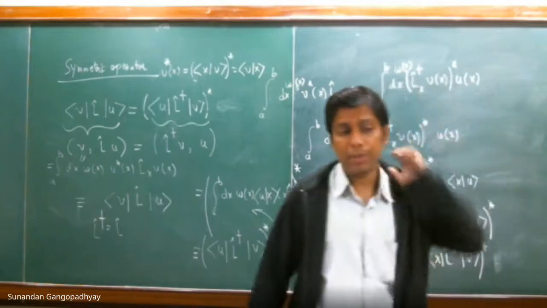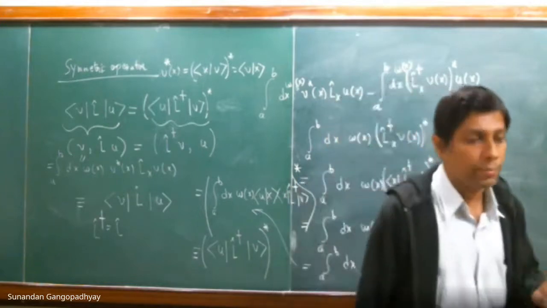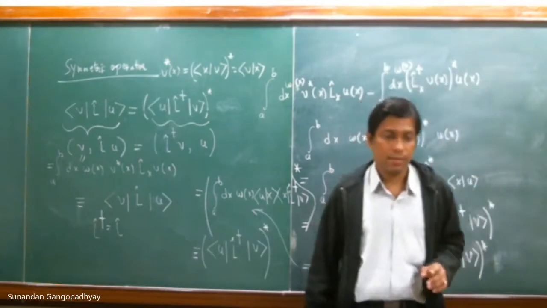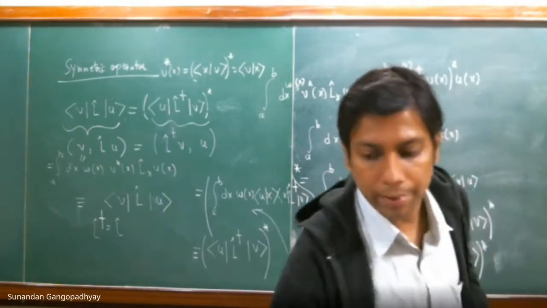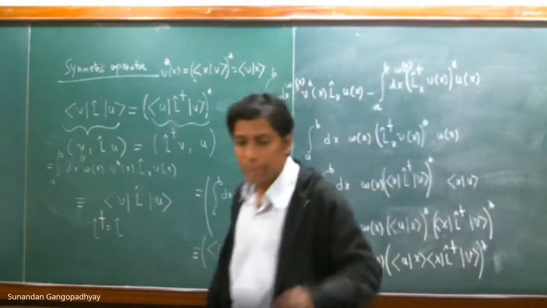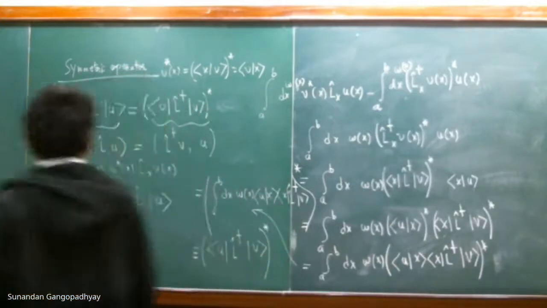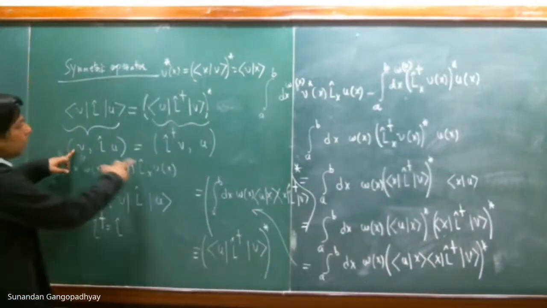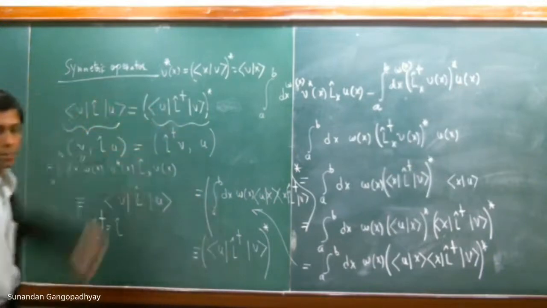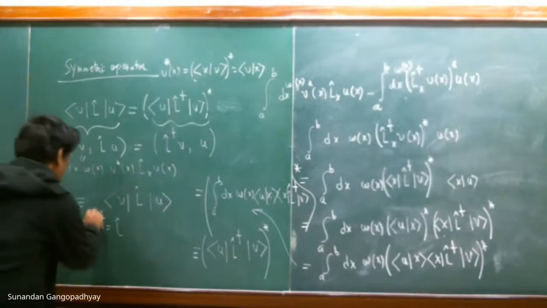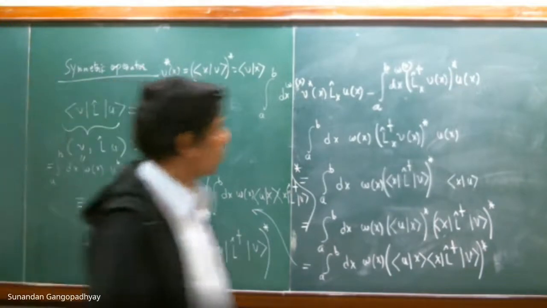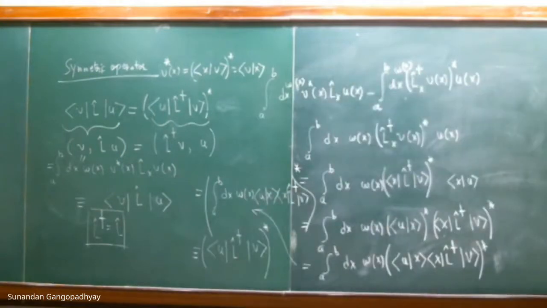Mind you, this is not the definition of a Hermitian operator. There is something more to it that we shall discuss in the next class on Monday. For a symmetric operator, (v, Lu) is nothing but (Lv, u). So if this is true, then this is a symmetric operator. Okay?